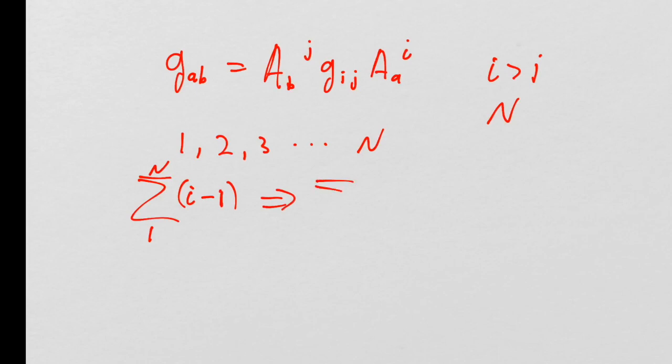In my head, I can imagine doing this from 1 to n minus 1, making the substitution I equals I minus 1, right? And so you're looking for the sum from 1 to n minus 1 of I. This formula is not too hard to figure out, right? This is like that legendary Gauss story where he was told to add the numbers between 1 and, I don't know, was it 100?